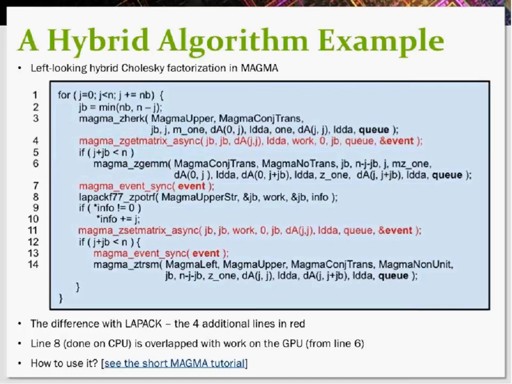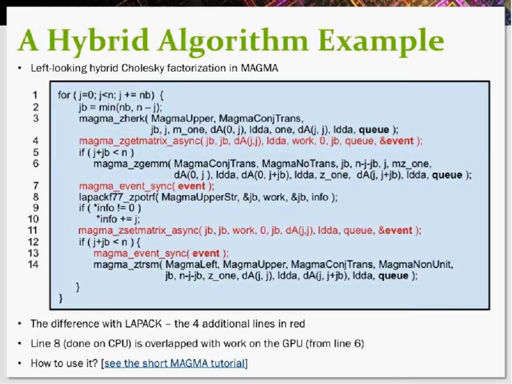So we say, okay, this will be on the critical path. We send it to the CPU. Then we continue up the control path to the magma_dgemm. This starts the computation on the GPU of this matrix multiplication.